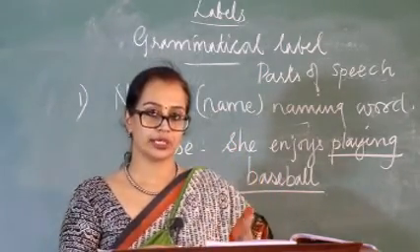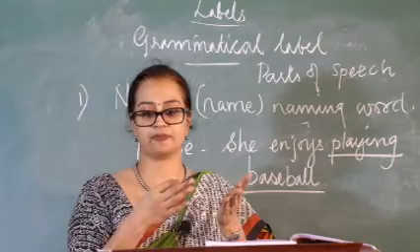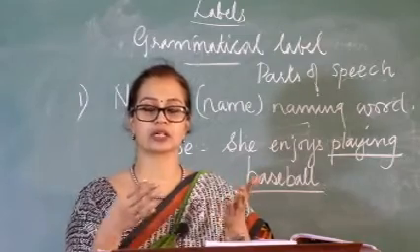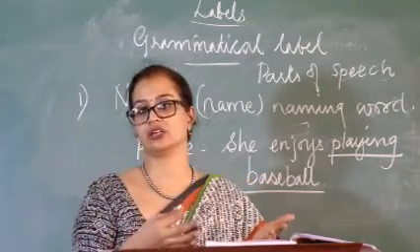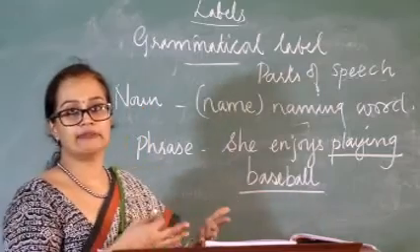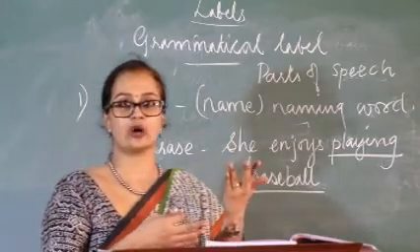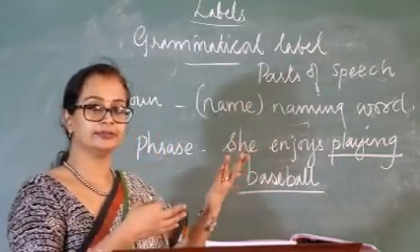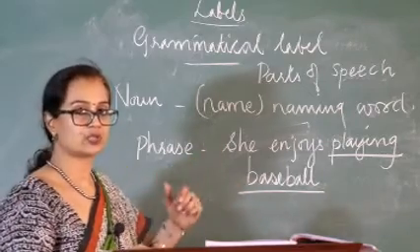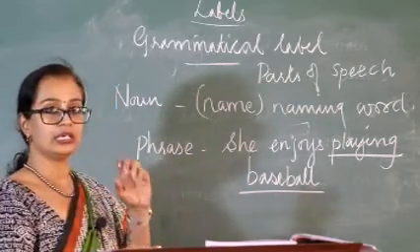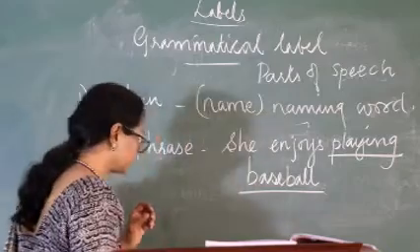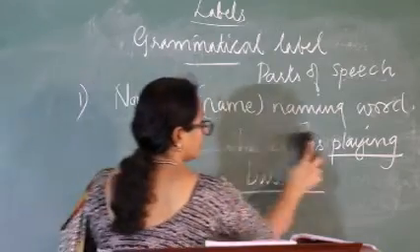Level 1 is words, that is the name of person, place or things or ideas or beliefs, etc. The next level is phrases, it is a noun phrase, playing baseball. The third level is the clause.